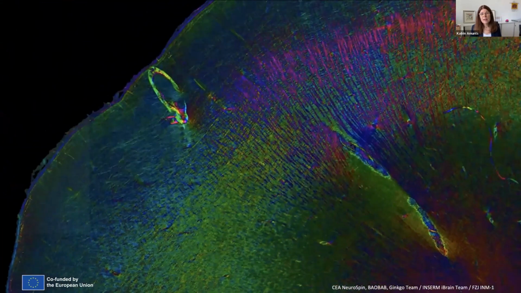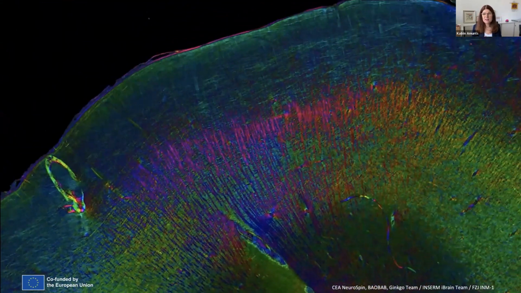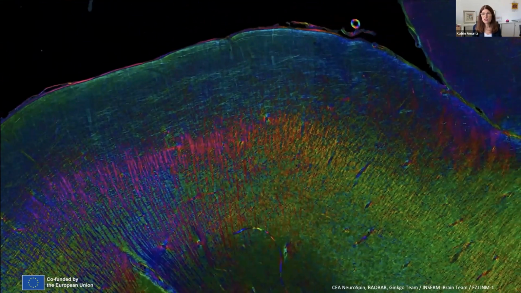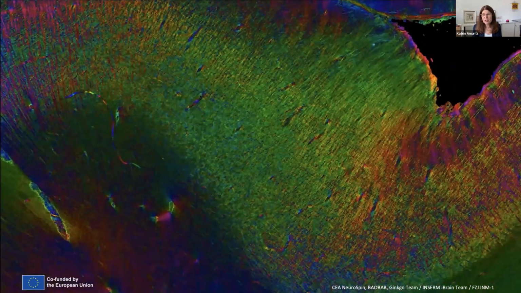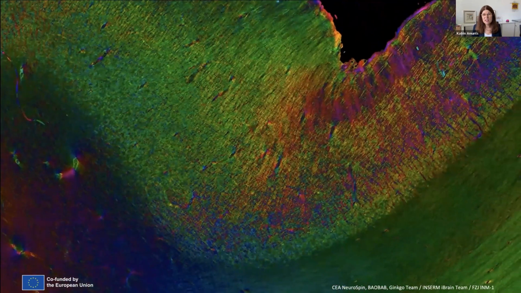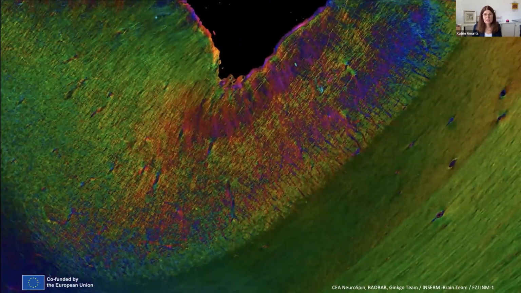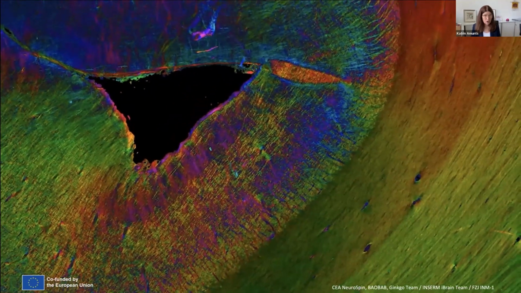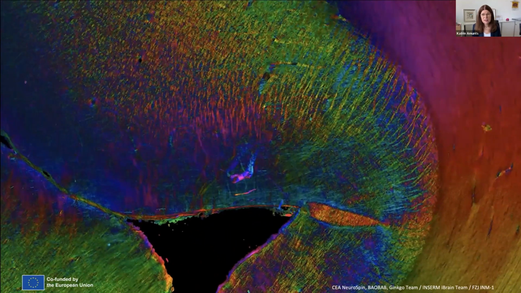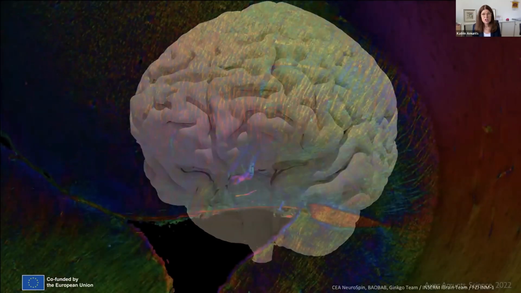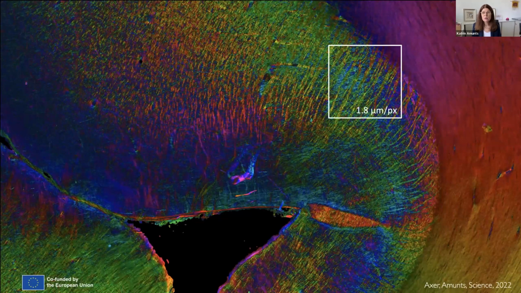And when now moving to the cerebral cortex, we can see that the orientation and distribution is changing. So this is, I would say, what Vogt would have dreamed about to make this really 3D and going into such a detail of the fiber architecture of the human brain, as can be seen in this particular image. And the resolution is 1.8 micrometer here for every pixel, and this allows you to get such resolution as you can see here.